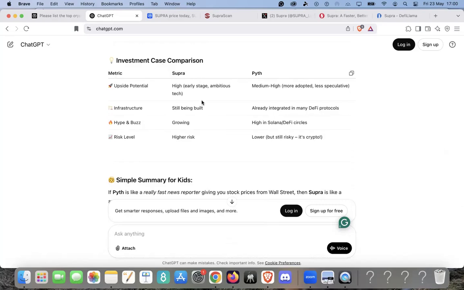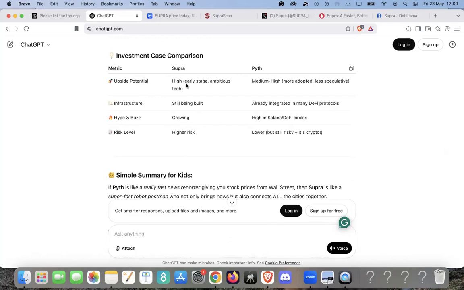Investment case comparison. Upside potential on Supra, it's high. It's very early stage. Pyth, medium high. It's more adoptive and less speculative. So infrastructure is still being built on Supra, whereas Pyth is already integrated into many decentralized finance protocols. Hype and buzz is growing on Supra. It's high in Solana and DeFi circles on Pyth.